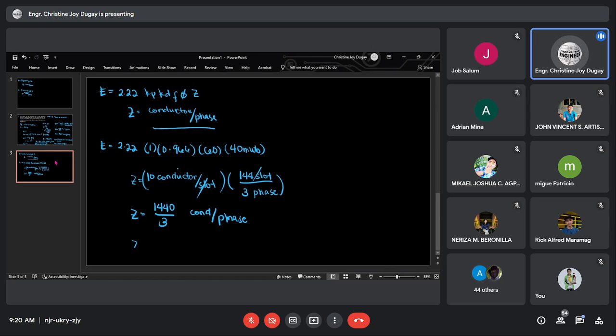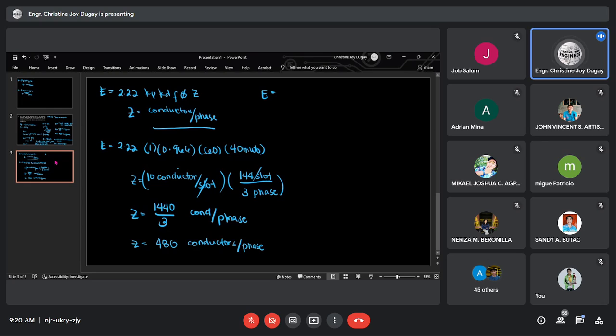Ayan. So, Z natin ngayon is equal to ilan? 480 po. 480 conductors per phase. So, substitution here.